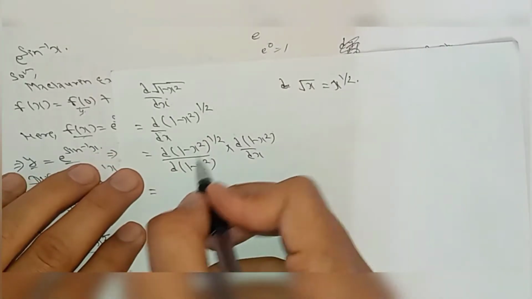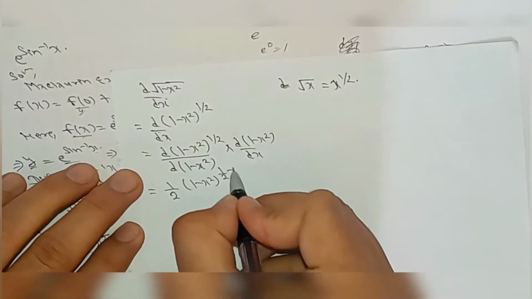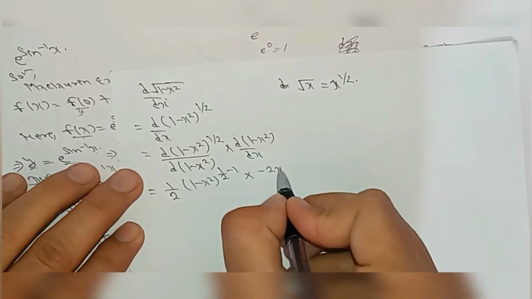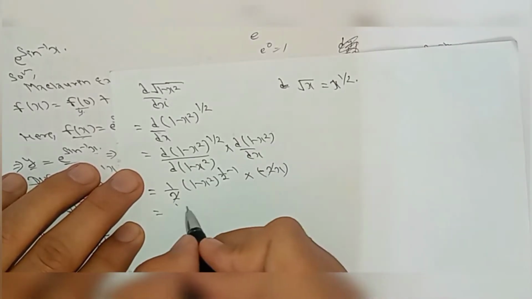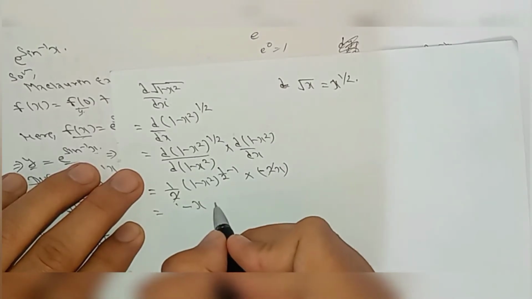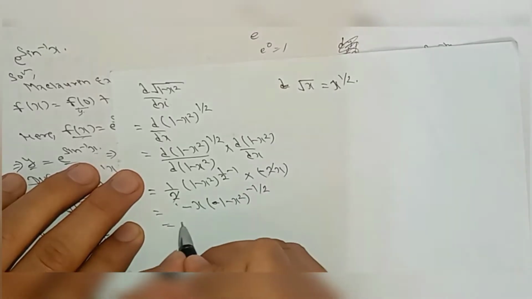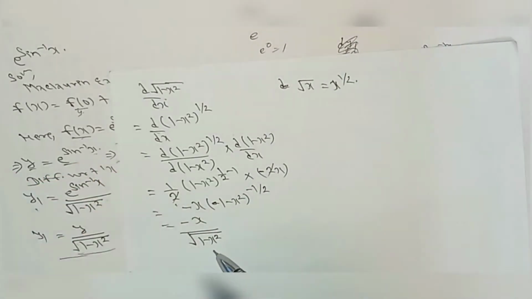So we apply the formula: 1 by 2 times 1 minus x square to the power 1 by 2 minus 1, into the differentiation of 1 minus x square, where d of 1 is 0 and it becomes minus 2x. The 2 and 2 cancel out, so it becomes minus x times 1 minus x square to the power minus 1 by 2. We can write this as minus x by root under 1 minus x square. In this way we have obtained this term.